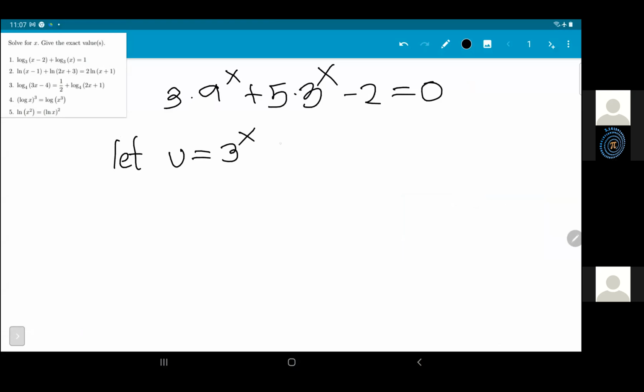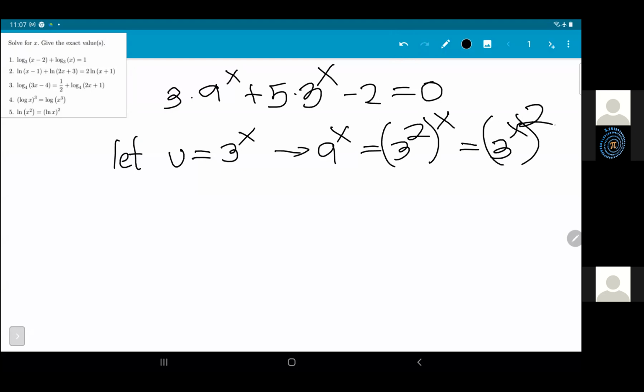And then your 9 to the x can be written as 3 squared to the x, and you multiply the exponents. That becomes 3 to the 2x, which can also be written as 3 to the x squared. 2 times x is the same as x times 2.